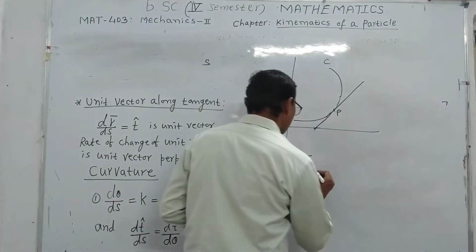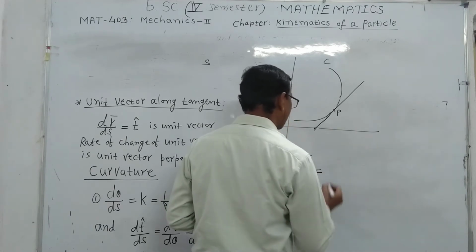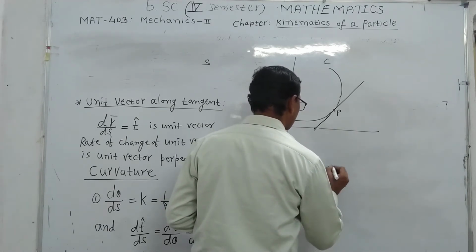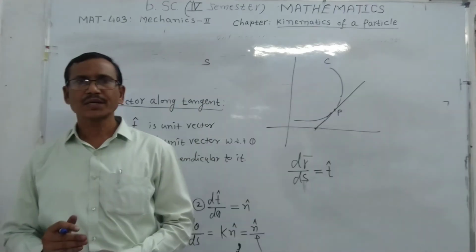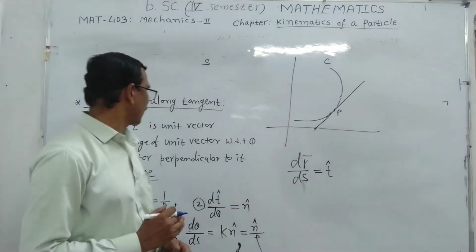We shall denote the unit vector along the tangent at P as t cap. T cap means unit vector along the tangent at P.